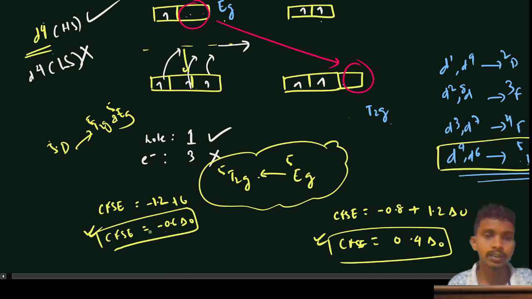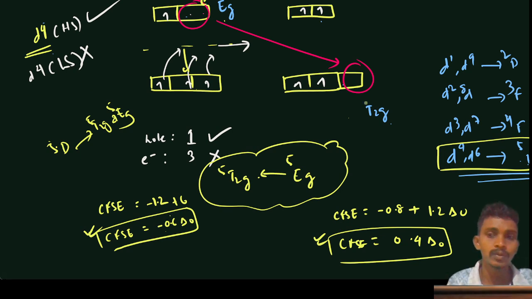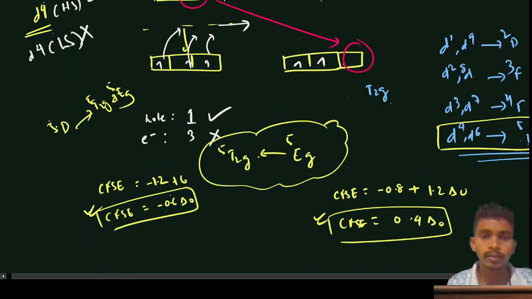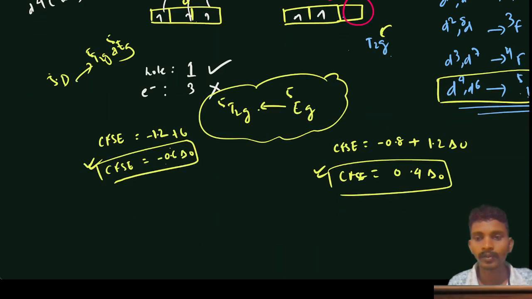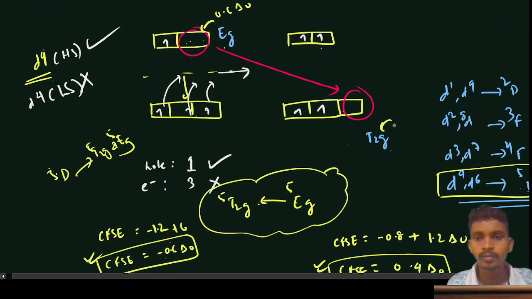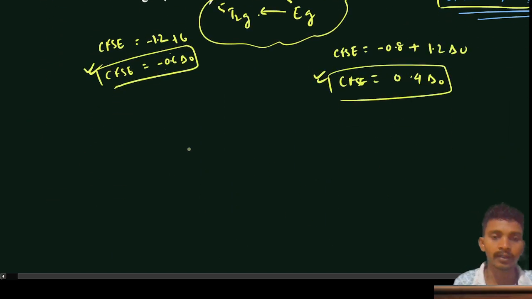This is the low energy value, assigned to the non-degenerate state, so this CFSE value is minus 0.6 delta naught, and this T2g value will be assigned from here, that is 0.4 delta naught.